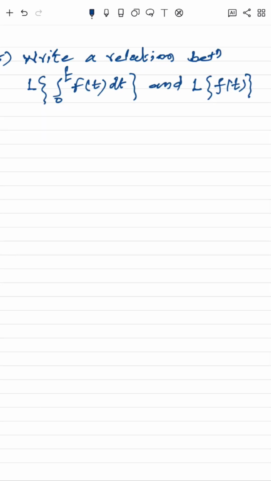Question number 5. Write a relation between Laplace transform of integral from 0 to t of f of t with respect to t and Laplace of f of t.